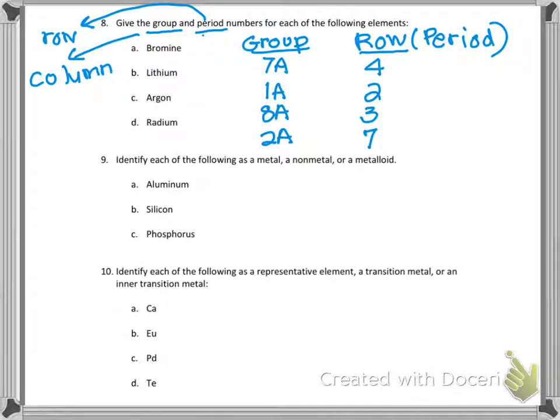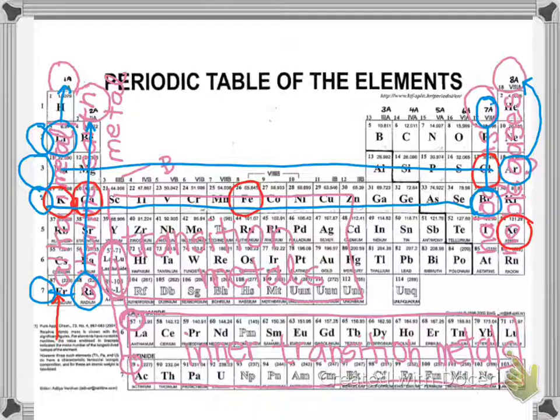Now I gave the traditional identifications of the group with a number and a letter. Remember, the more modern way, if you look at the top of the periodic table, they just number the groups 1 to 18, and there would be no letter. So that would be a second way to do that. Let's look at the first one just to be sure you understand. So group 7A, if you look here in group 7A, do you see it's also numbered 17?